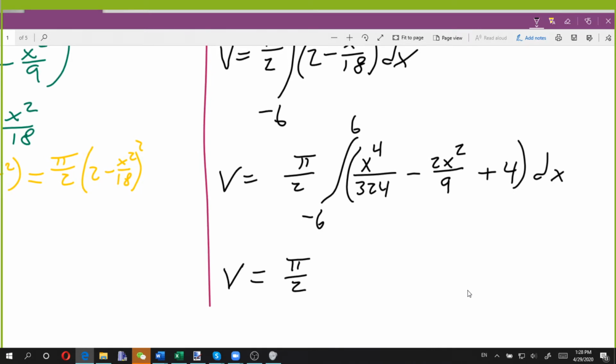Oh, okay, so it's going to be pi over 2 x to the 5th over 1620. Okay.